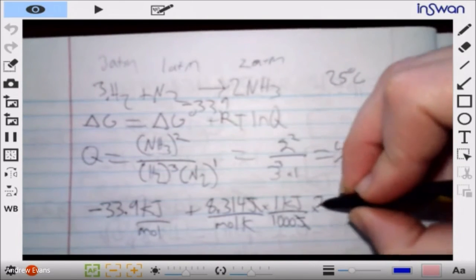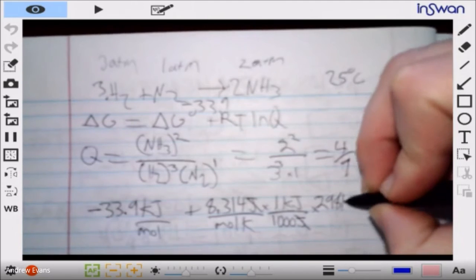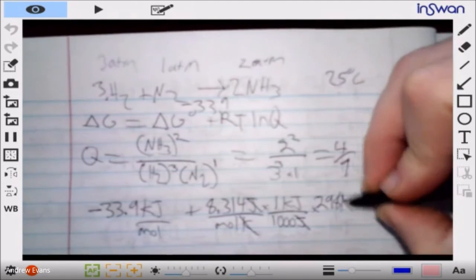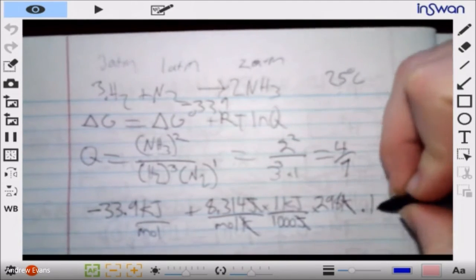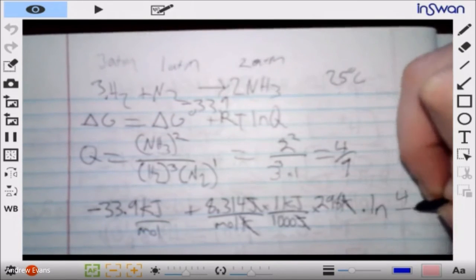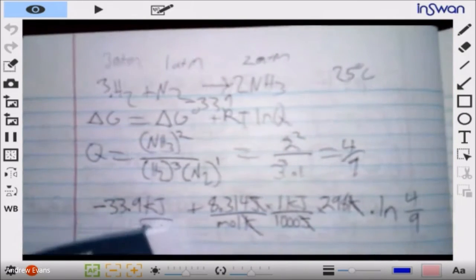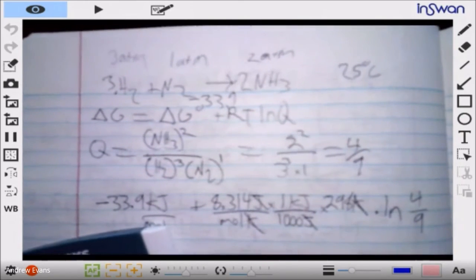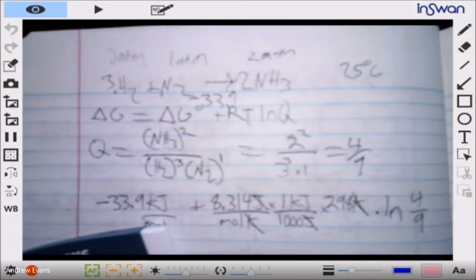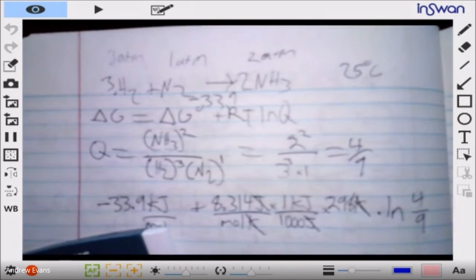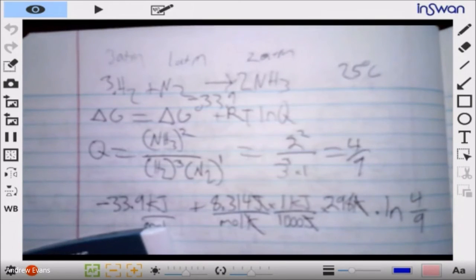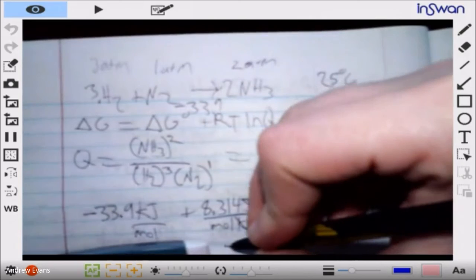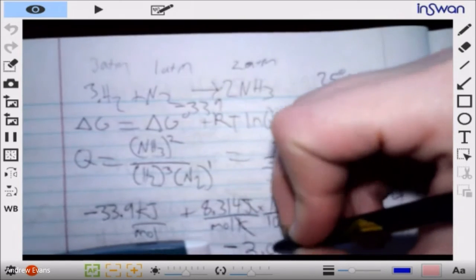It is 298 Kelvin. So Kelvin and Kelvin cancel out. We multiply this by the natural log of 4 over 9. So let's find this whole term: 8.314 divided by 1,000 times 298 times ln of 4 over 9. We do that: negative 2.009.